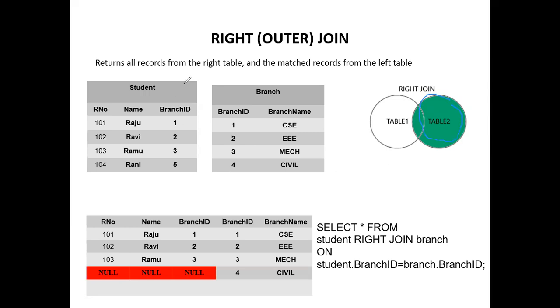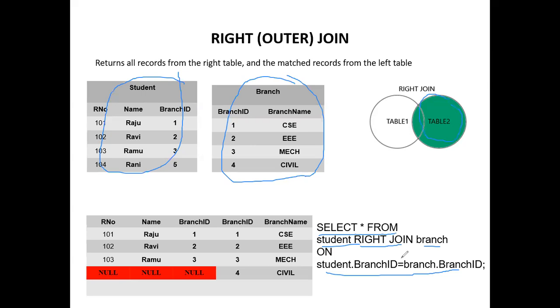Here we are again going to join the student table and branch table, now with the right join. The SQL statement is select star from student right join branch, and the condition is the same, based on the branch ID. Whenever branch ID is the same in both the student table and branch table, we join the records.